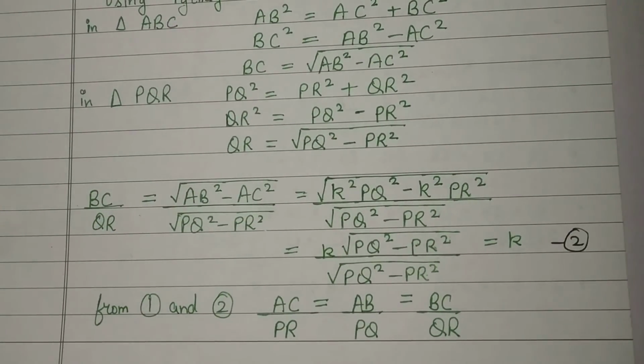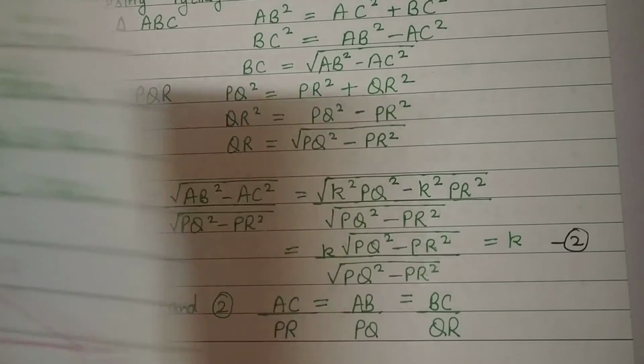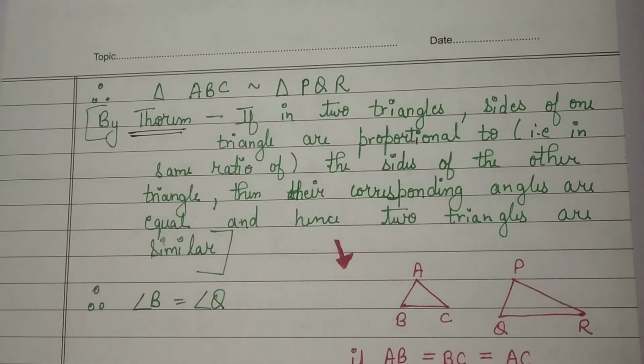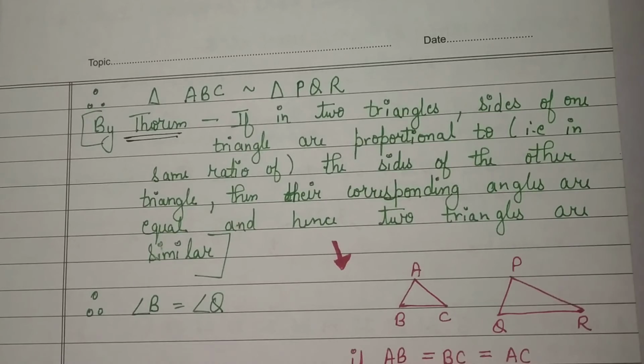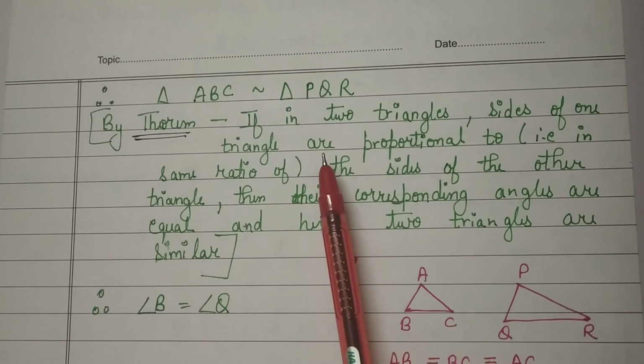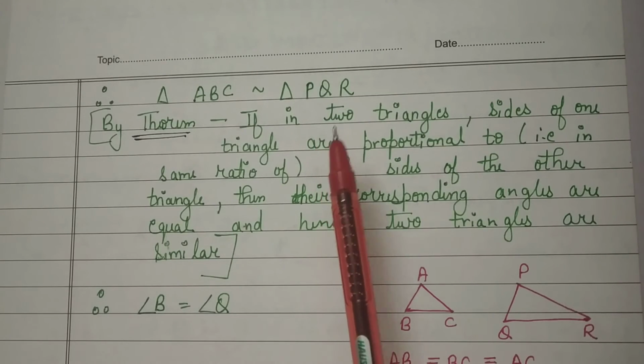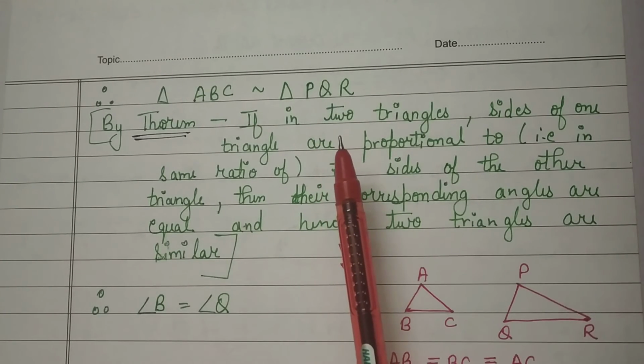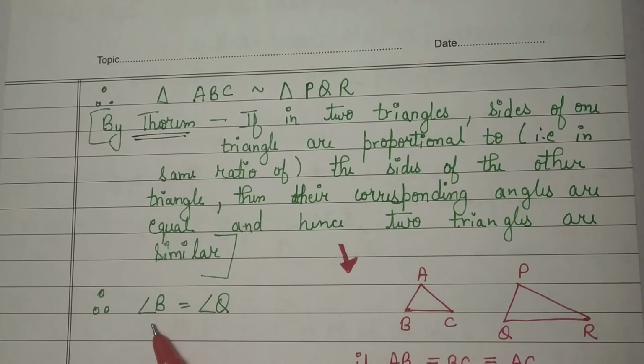The ratio of all the three sides of both the triangles are equal. So what can I write? These triangles are similar. Triangle ABC and triangle PQR are similar, and if two triangles are similar, they have equal angles. So I have proved angle B is equal to angle Q, which was required in the question.